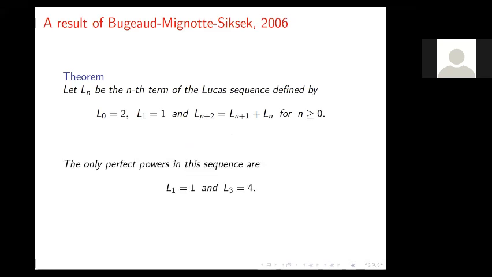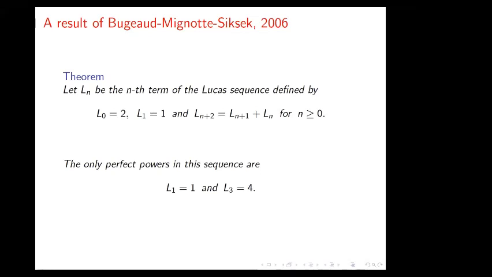Bugeaud, Mignotte, and Siksek proved in 2006 that if we consider the Lucas numbers, the only powers we can have are 1 and 4. The same kind of result was obtained for Fibonacci numbers.